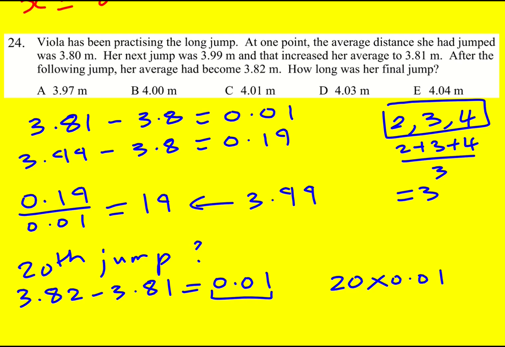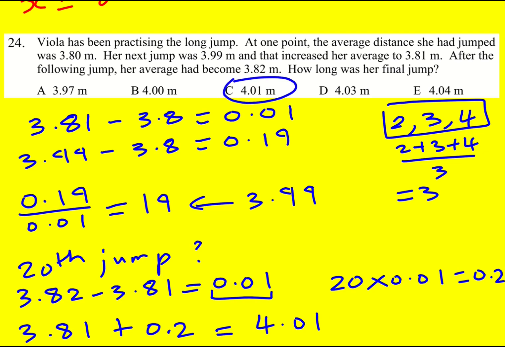That's what the mean is doing. So 0.2. We're going to take this old average, 3.81, and then we need to get an extra 0.2, because an extra 0.01 for every jump. We're going to do 3.81 plus 0.2, which gives 4.01. And that is the answer. And I've not used a single piece of algebra in this question.